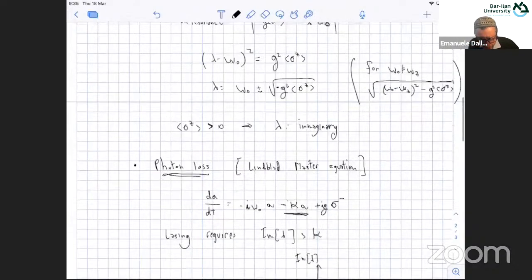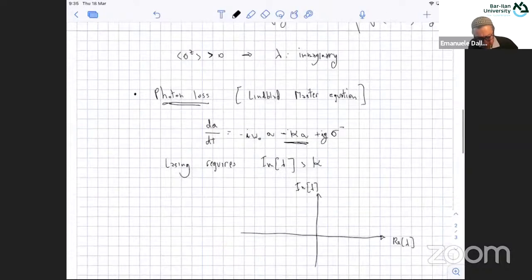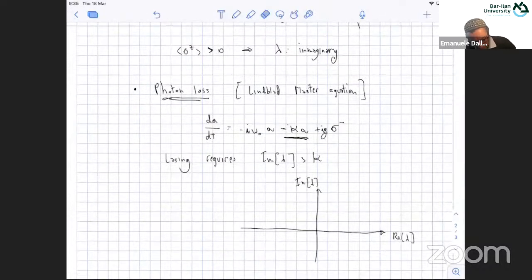Actually, the way I define it is the other way around. So let me draw it like this. I want to describe here the real part of lambda. So this is just the energy. And here we'll put the imaginary part of lambda. So this is the decay. Okay, I'm doing it right, good.